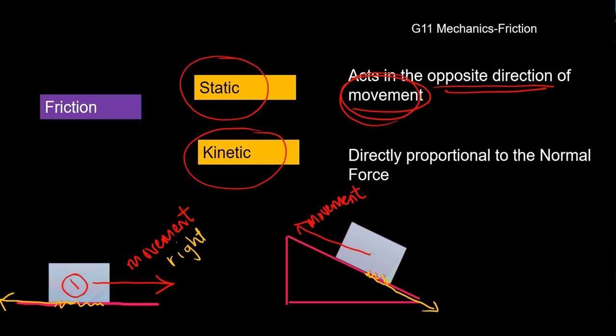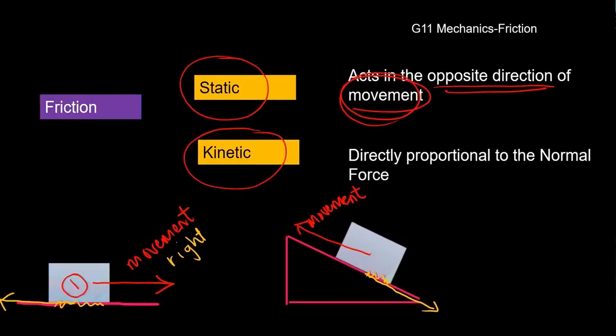I've drawn these arrows quite big. If there's an increase in velocity, then the force creating the movement has to be bigger than the retarding force of friction, so the arrow representing friction is going to be a little bit smaller.